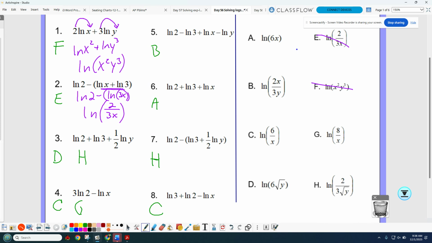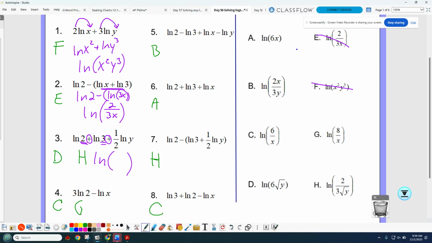Okay, there was some disagreement on this one. Bailey, these are all adds. What does that mean? That means you're multiplying. They're all multiplies inside, so it's natural log of what times what times what? Natural log of 2 times 3.